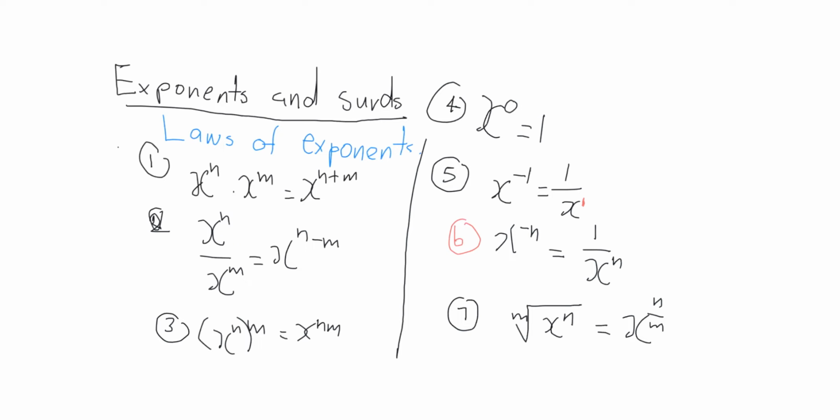What happened here is that this n is going to become the numerator, and whatever is here in the root is going to become the denominator of the fraction we have written here. So this is what the law of exponents states.